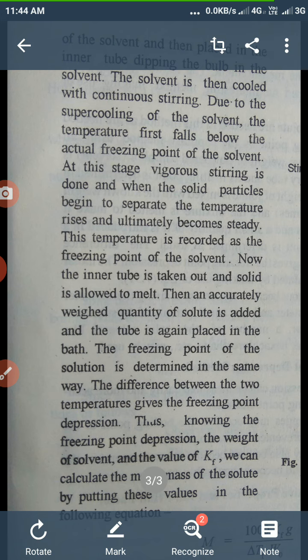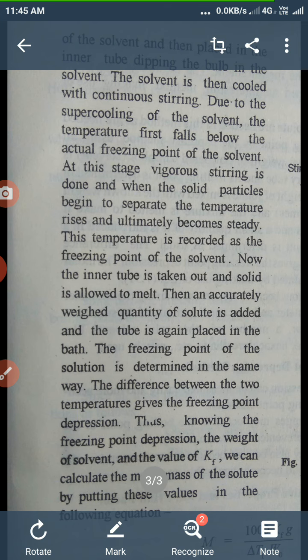Due to the supercooling of the solvent, the temperature first falls below the actual freezing point of the solvent. At this stage, vigorous stirring is done, and when the solid particles begin to separate, the temperature rises and ultimately becomes steady. This steady temperature is recorded as the freezing point of the solvent.